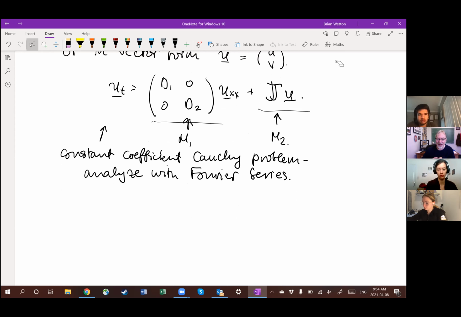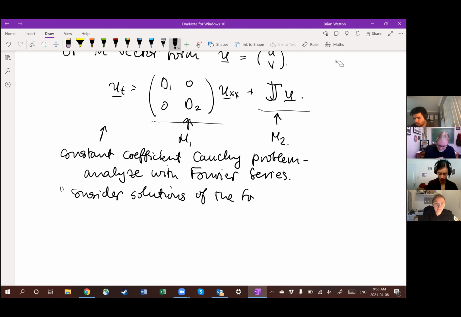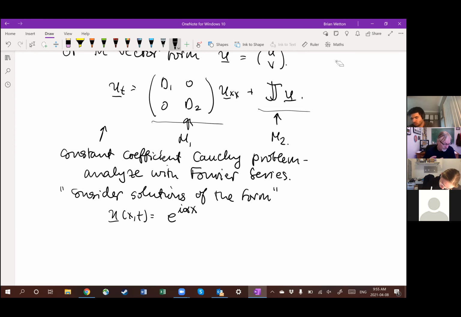I'm not sure if you're at this stage yet, but analyzing with Fourier series is the same as considering solutions of the form u of x and t. I'm going to consider a Fourier component, and I want to know how that Fourier component depends on time.